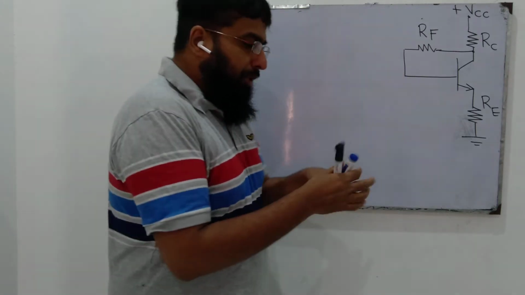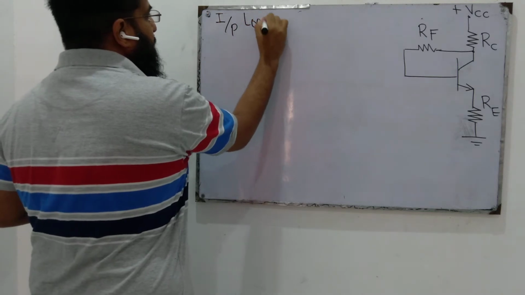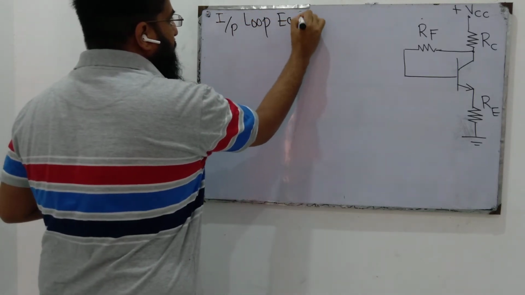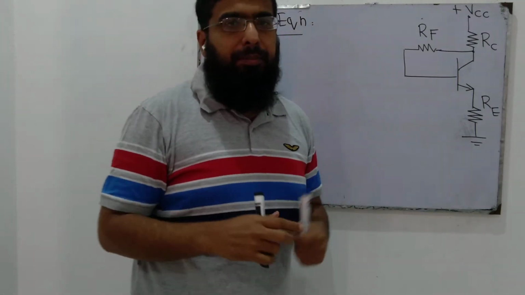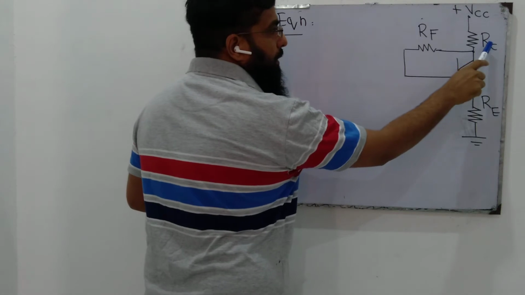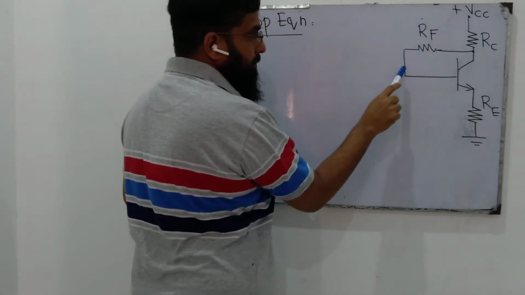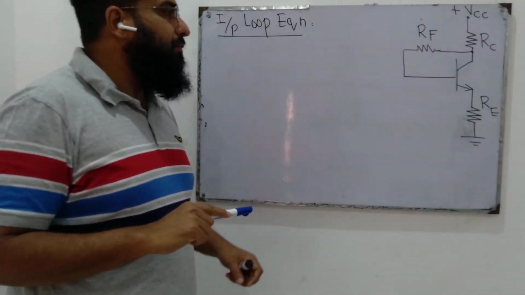Here, to write an input loop equation, we need to first identify the components that are part of the input loop: VCC, RC, this feedback resistor RF, and this resistor RE.